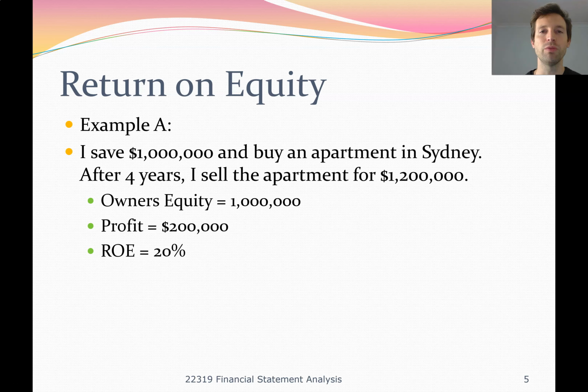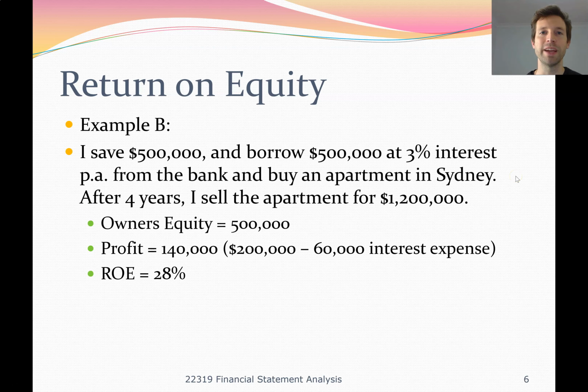My owner's equity would have been the $1 million that I saved and invested into that apartment. My profit would have been the $200,000 difference between the selling price and the purchase price. And as I plug those numbers into the formula, my return on equity would be 20%. My profit of $200,000 divided by the $1 million initial owner's equity gives me an ROE of 20%.